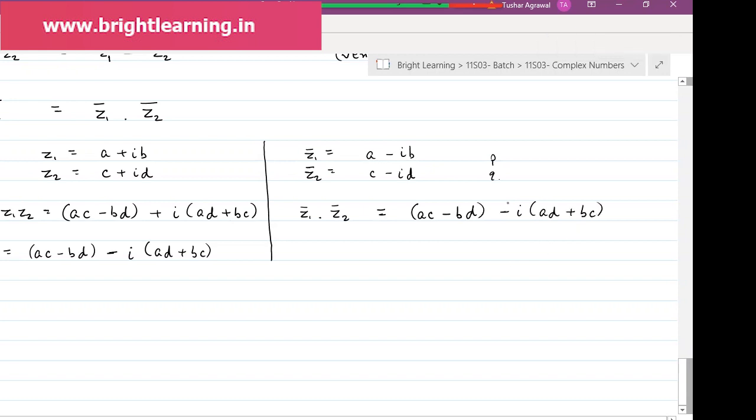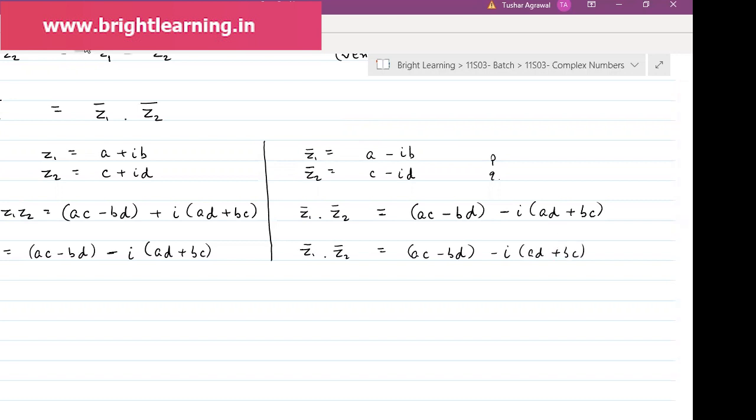Is this step clear for the cross multiplication? Yes, sir. Minus i AD minus i BC, and Z1 bar Z2 bar is AC minus BD minus i times AD plus BC. We got the same thing.